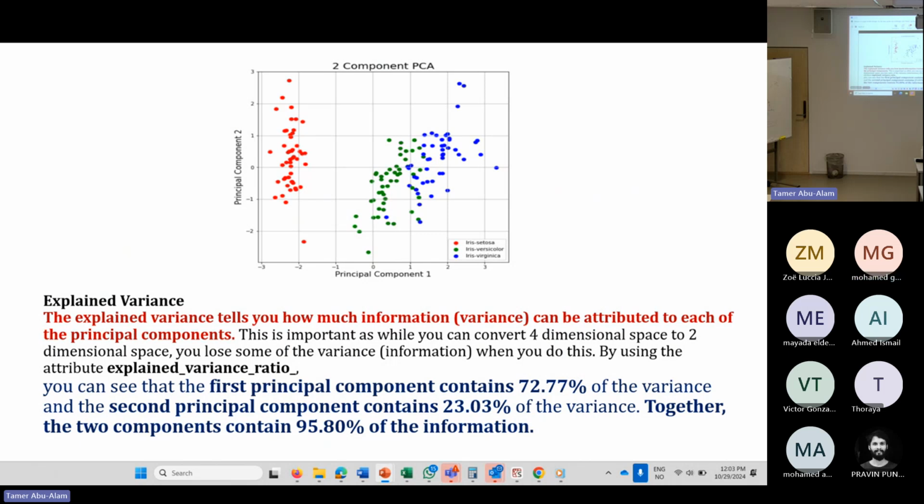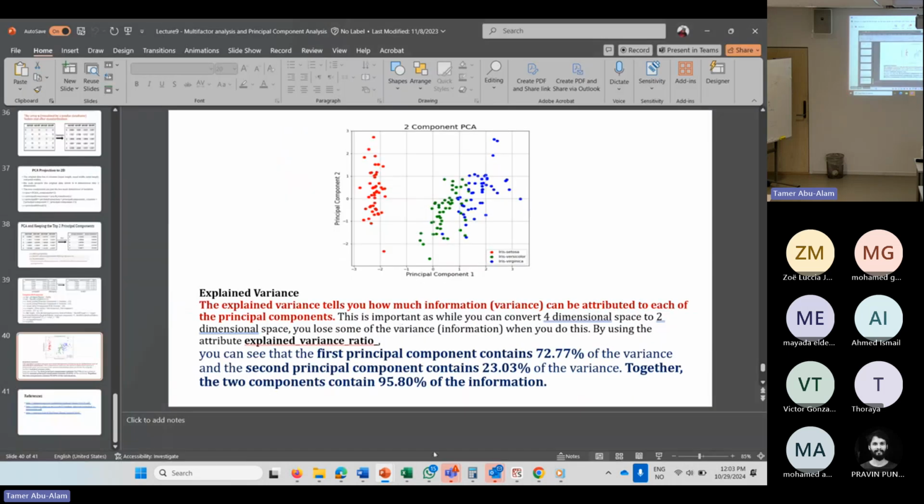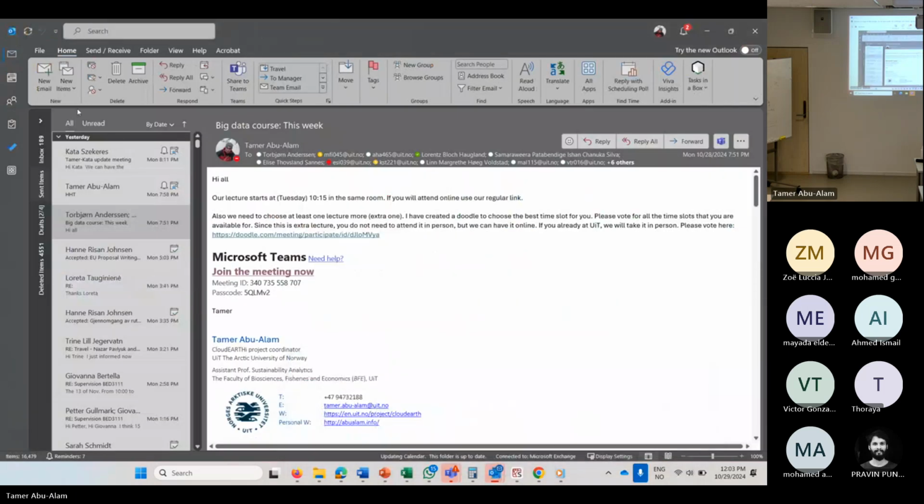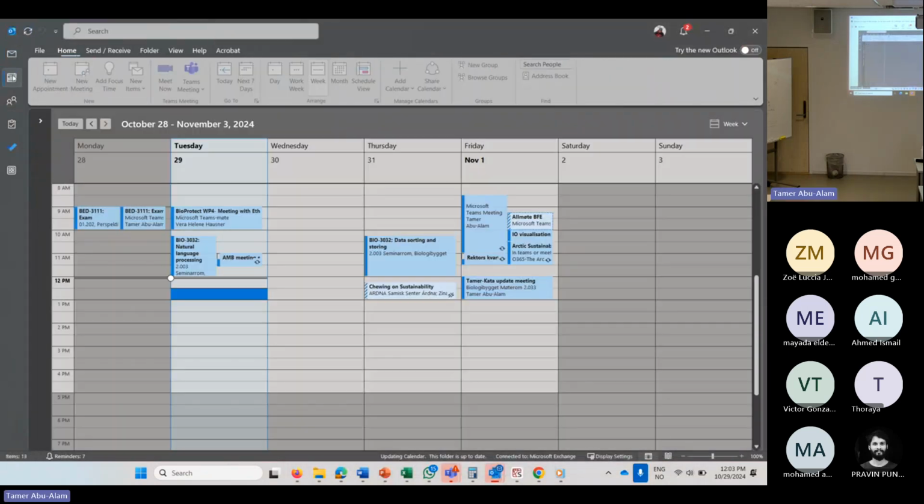About why we don't have a lecture or a seminar this week. It says here that we have data sorting and storing on Thursday the 31st. I know why, because I have it here. Data sorting and storing, when I give you the date for next week.